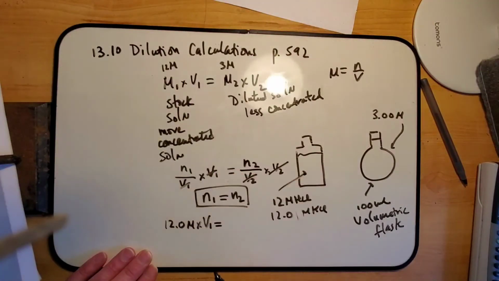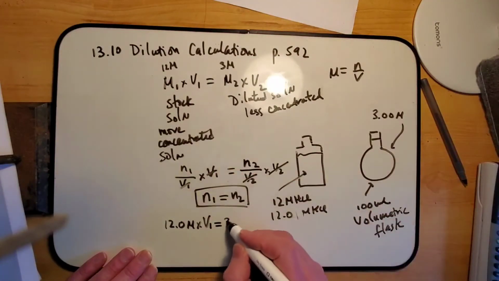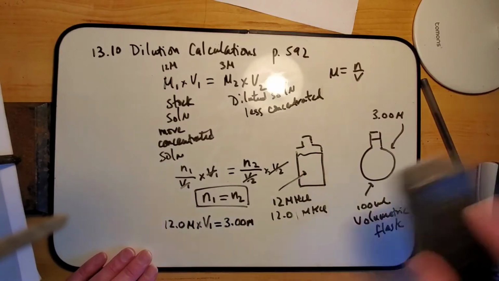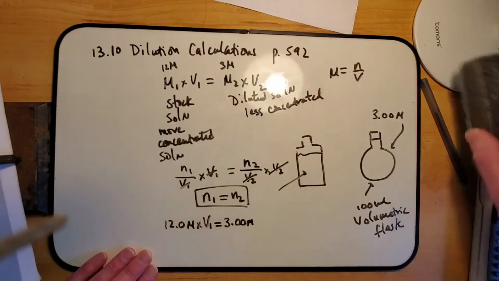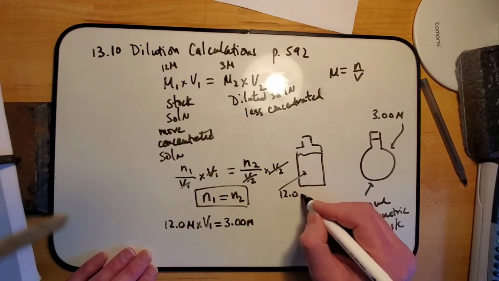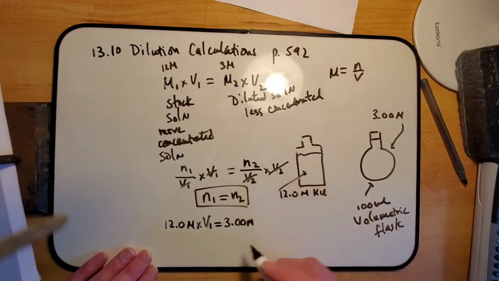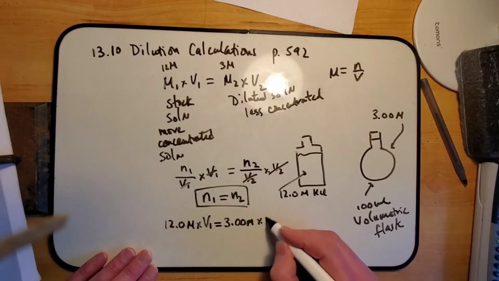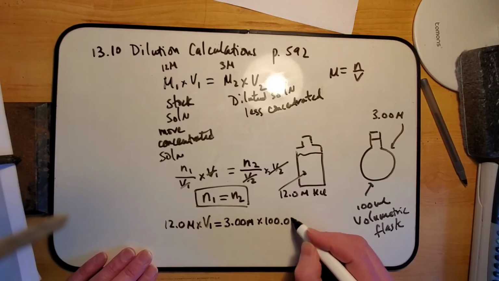Now M2, I know what I want: I want a 3.00 molar solution. And I know the volume I need to make: 100.0 ml.